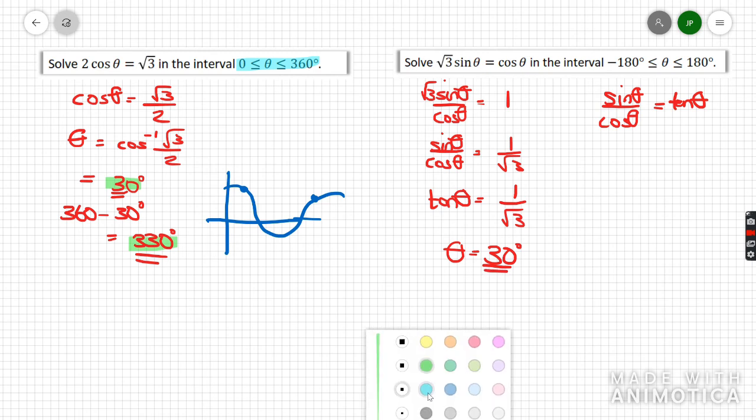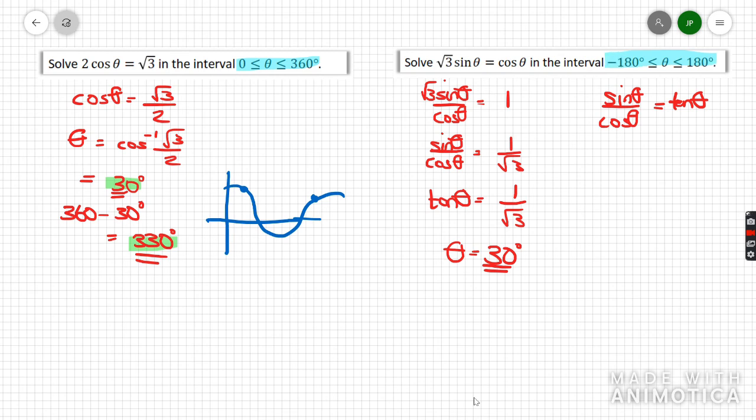Same as before. Back to our range. My range is between minus 180 and 180. So again, either use your trig angle formulas or think about what your tan graph looks like, with its asymptotes at 90 and so on.